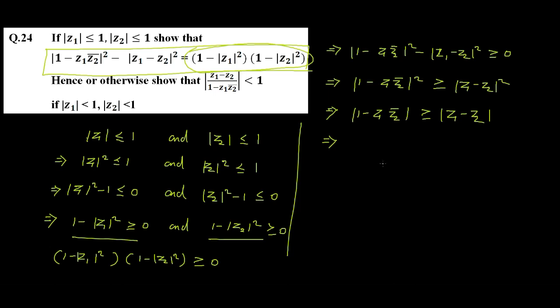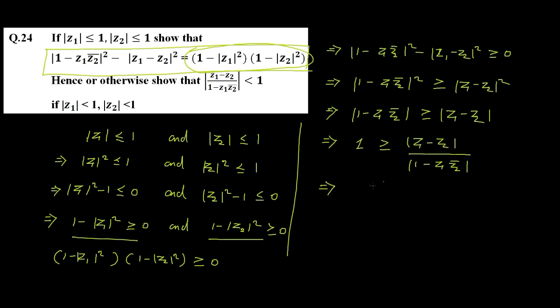Let's divide. So what we can write, 1 ≥ |z1 − z2| divided by |1 − z1 z2 bar|.